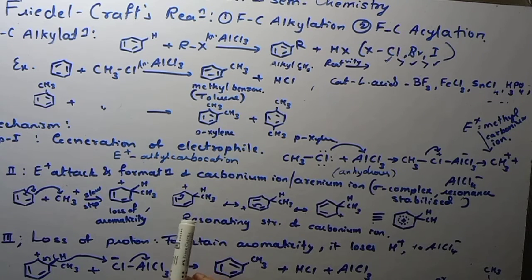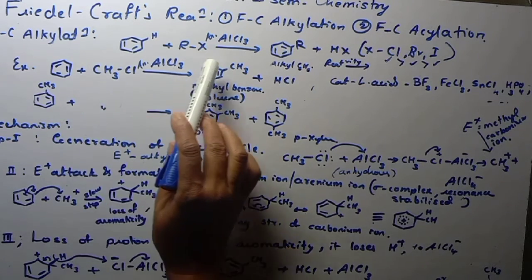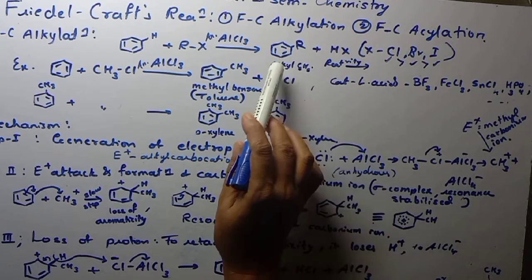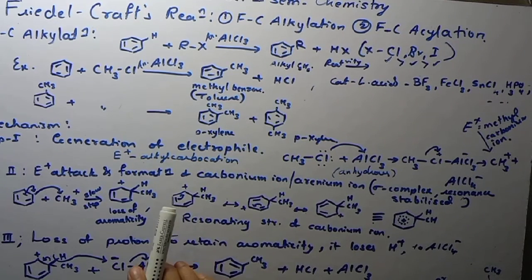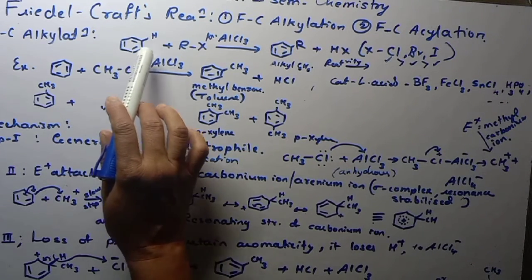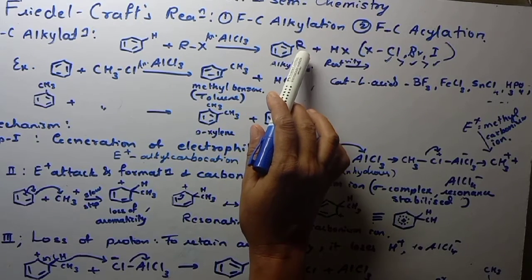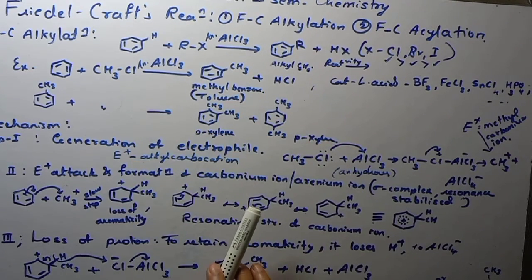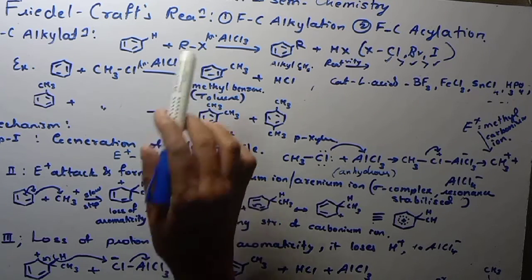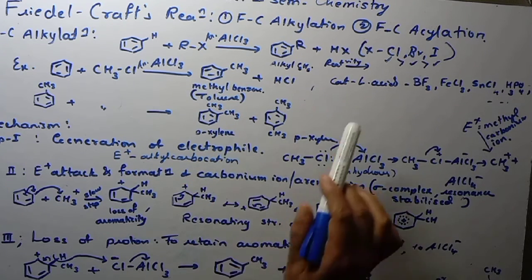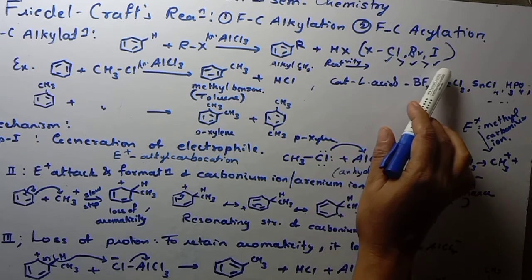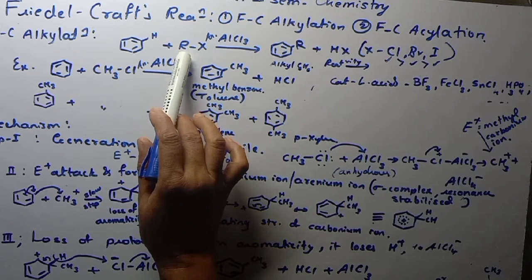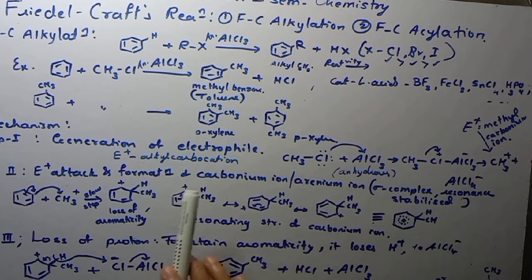Okay, so here the aim is introducing an alkyl group into the benzene ring, and the reactivity of alkyl halide decreases as you move from chloride to iodide. So alkyl chloride is more reactive than alkyl bromide or alkyl iodide.